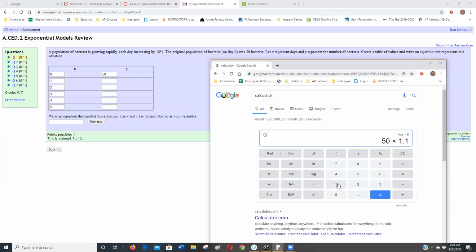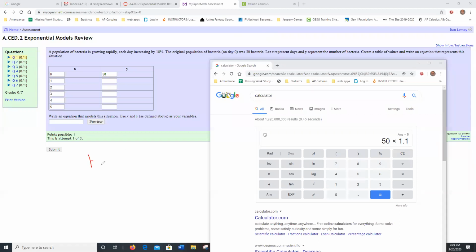If you go back to your notebook, in class we learned that B, the multiplier, equals 100 plus the growth rate, divided by 100.